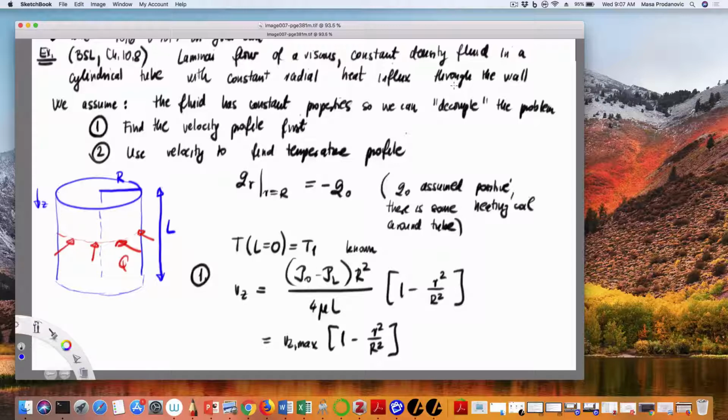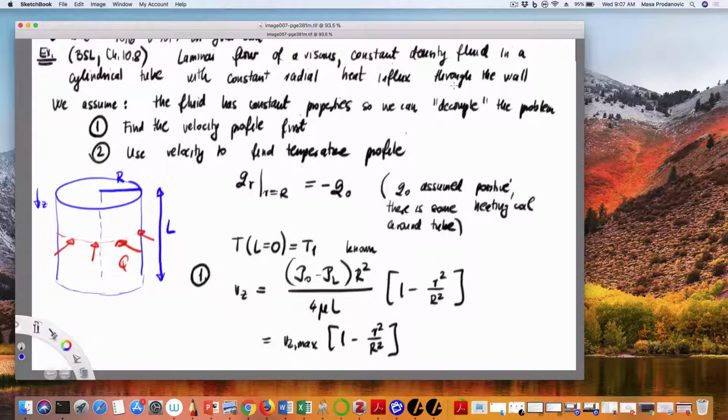So let's get going. Essentially, what we need to be aware of are boundary conditions, always. So for the heat flux, it's a negative value because I'm flowing opposite the radial direction.